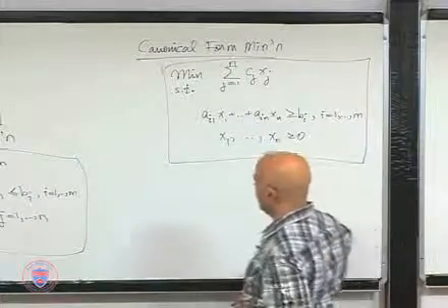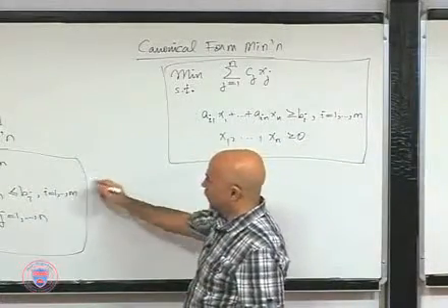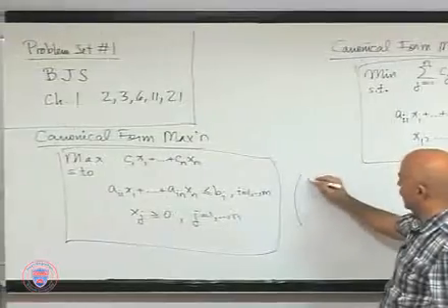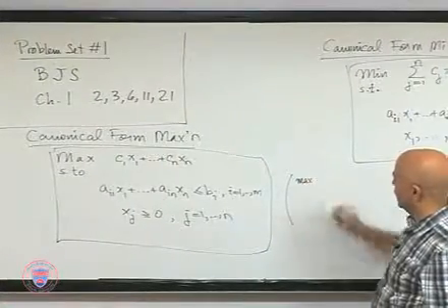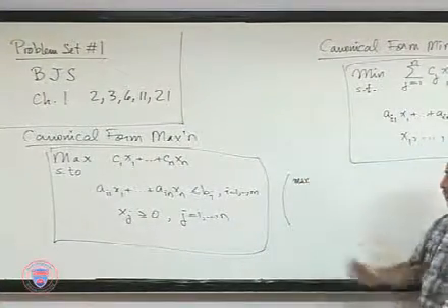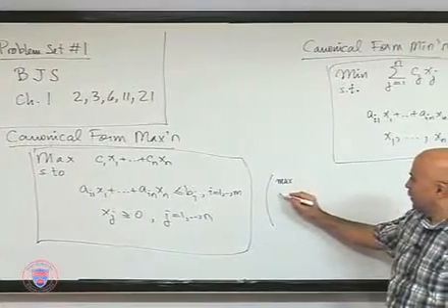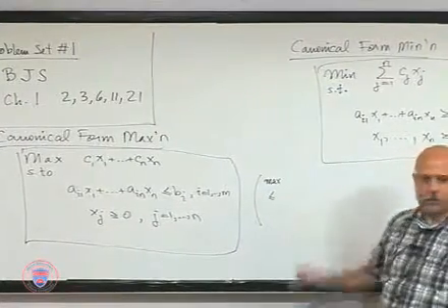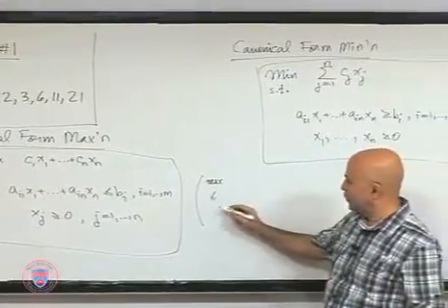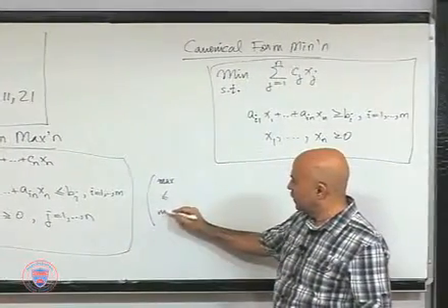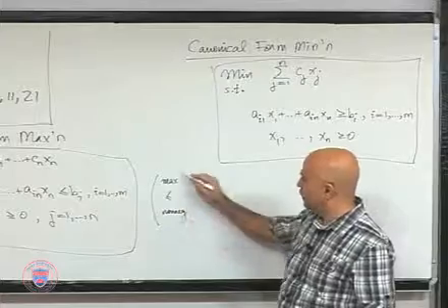So just to remember, in the maximization canonical form, the objective function is maximization, and the constraints are of less than or equal to type for the functional constraints, and all variables are non-negative.